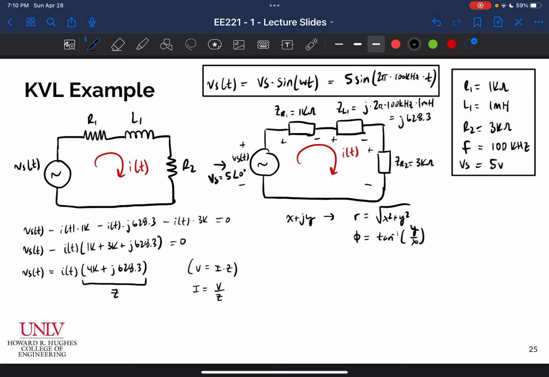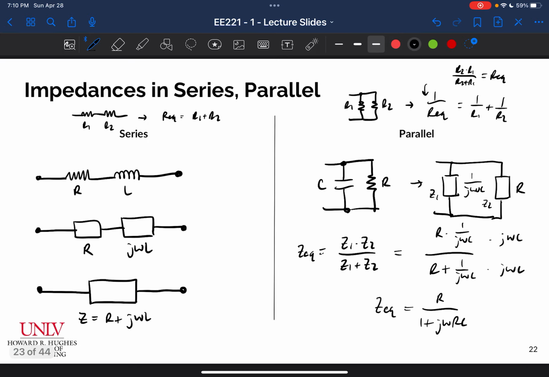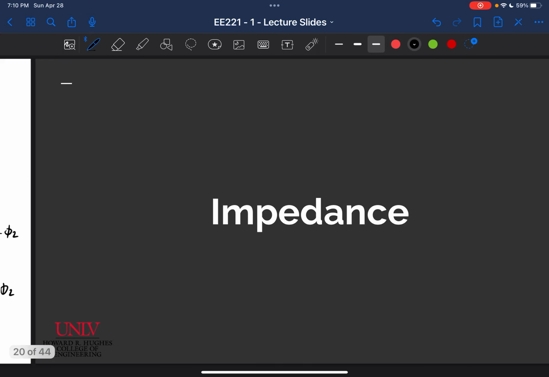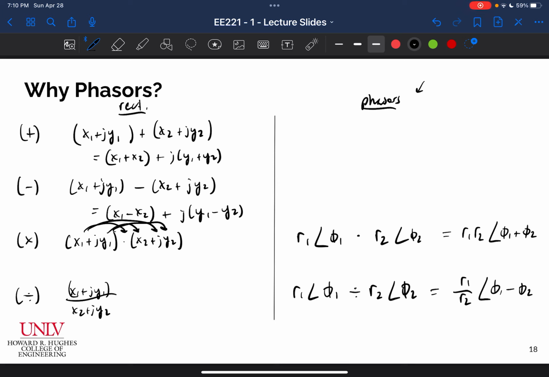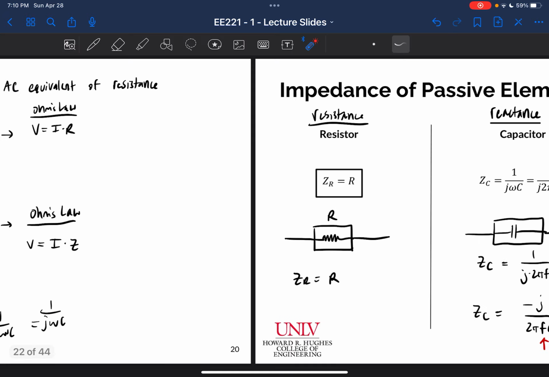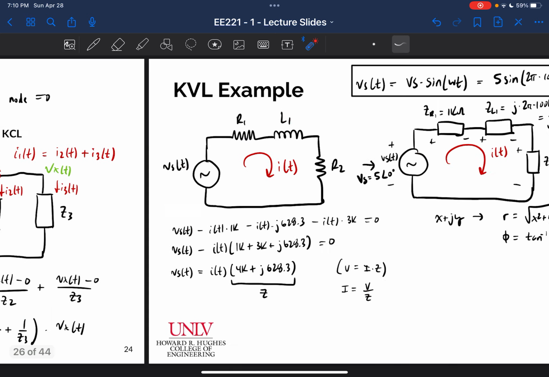So I can convert my impedance to a phasor, and my voltage is also represented as a phasor, and then I can do V divided by Z, because dividing two phasors is really easy. If you recall from a lot of slides ago, dividing two phasors is just taking the ratio of the two magnitudes and then subtracting the two phases. So let's go ahead and try that.